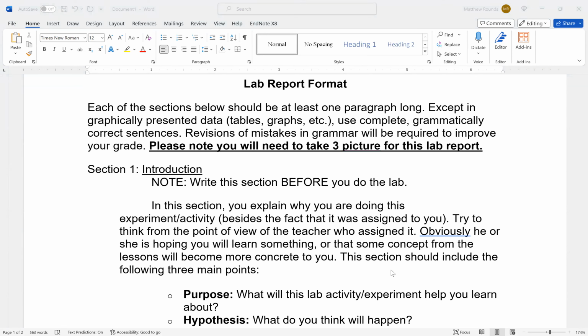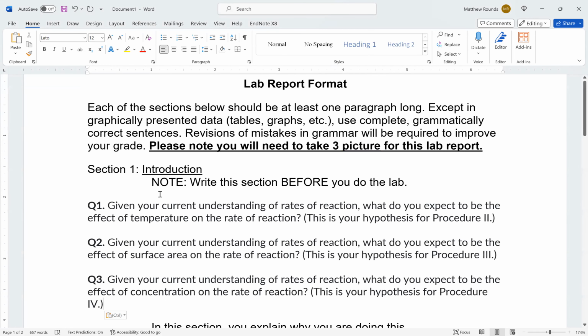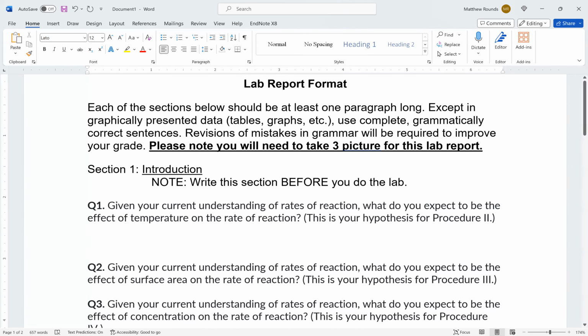All right, so we kind of answered these questions yesterday in the assignment. They're asking you here, what do you expect the effect of temperature to be on the rate of reaction? Do you remember anything from yesterday about how temperature affects the rate of reaction? Well, kind of.